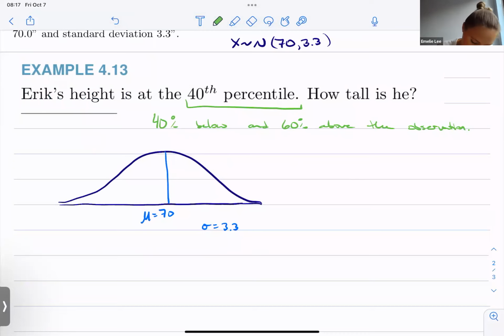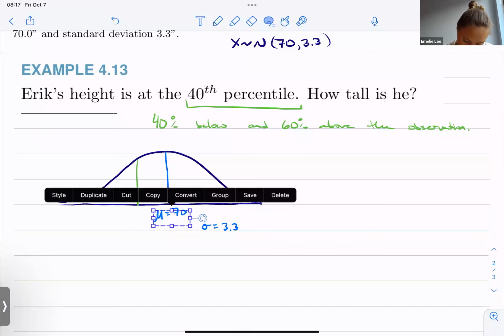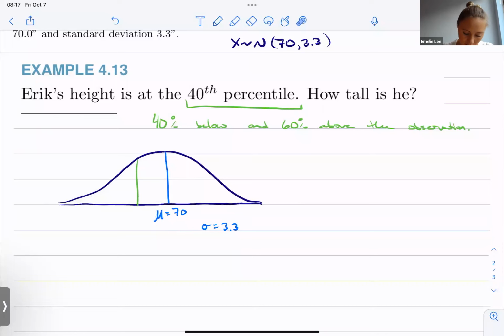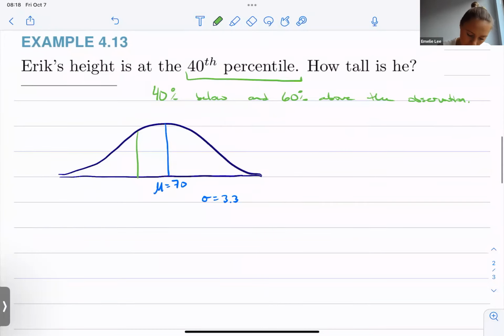Somewhere here, and it doesn't really matter where you draw it. In fact, I'm going to give myself a little more space by scooting that over. Somewhere below the mean. This is just to help you visualize the problem. And now we're told that this area is 0.40.